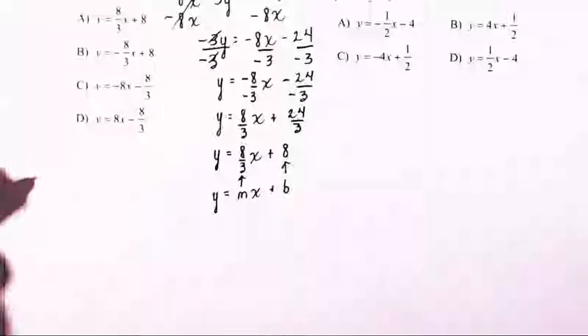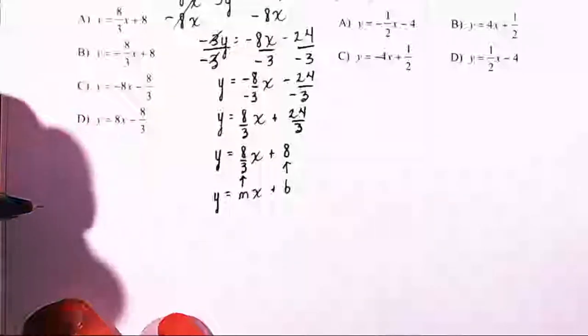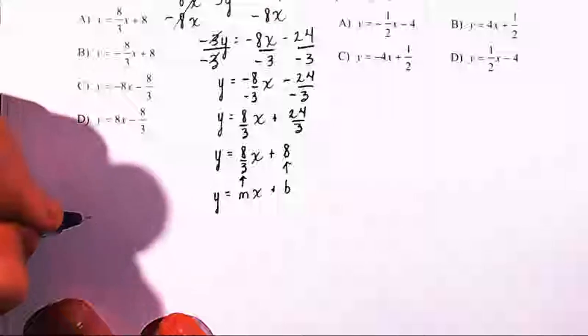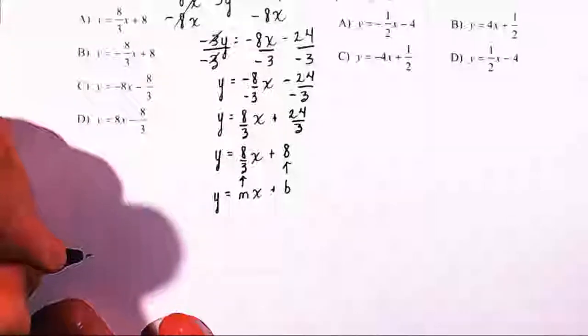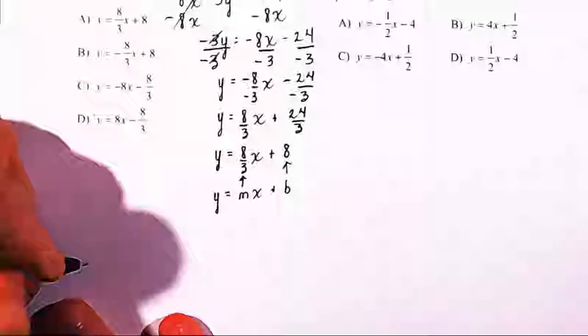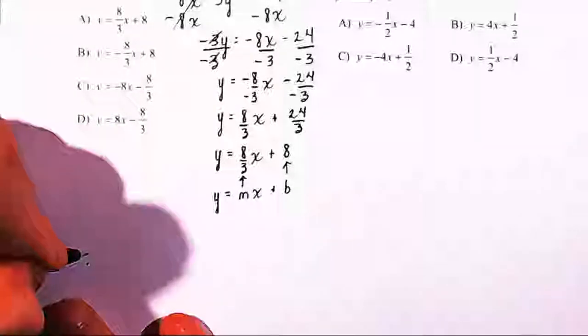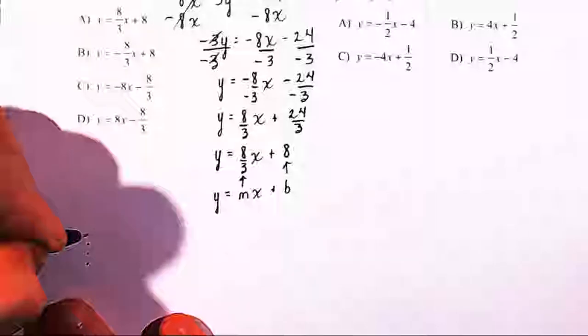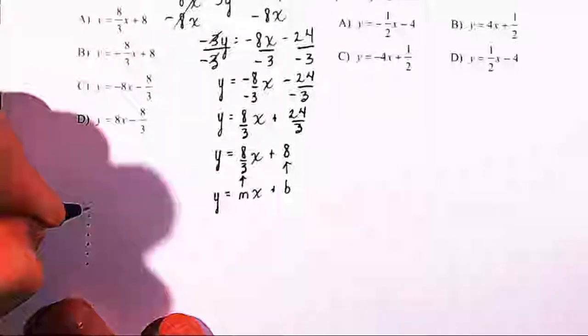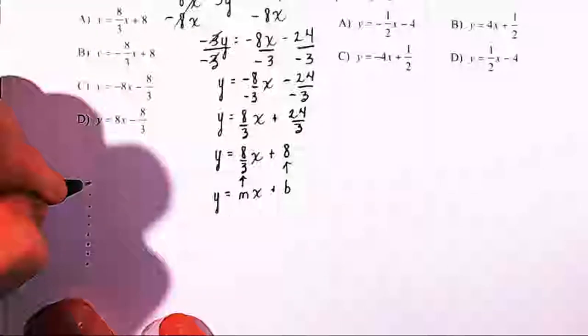If I were to graph this, and I'll just show this very briefly here, if I were to start at a y-intercept of 8, so let's just call that dot 0. So this would be 1, 2, 3, 4, 5, 6, 7, 8.